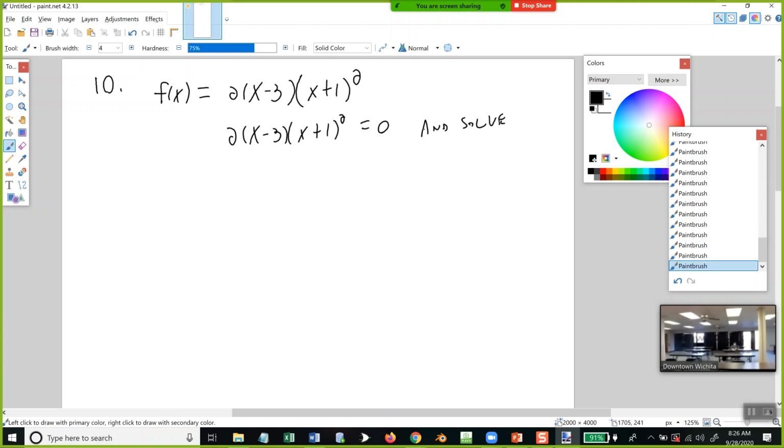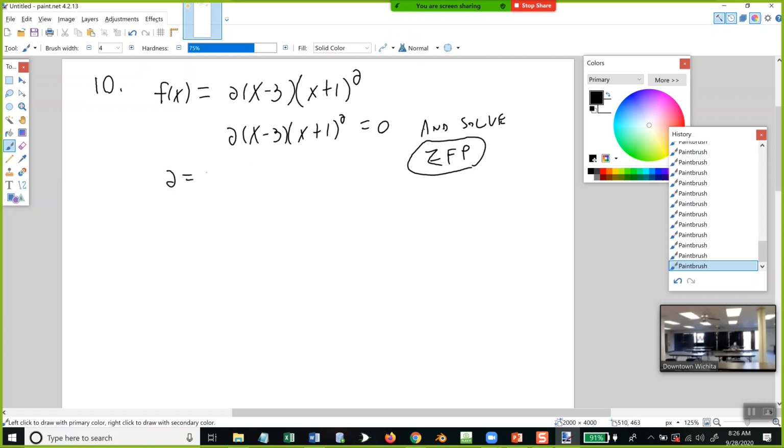Now zeros are where it crosses the x-axis. Typically how we would solve these is, of course, you have to get 0 on one side, which we've seen back in chapter 1, but that's by default, it'll be that way. Then the other way is to factor the other side. Well, this is already factored. Remember we had the zero factor property? You get 0 on one side, you factor the other side, you say these factors equal 0.